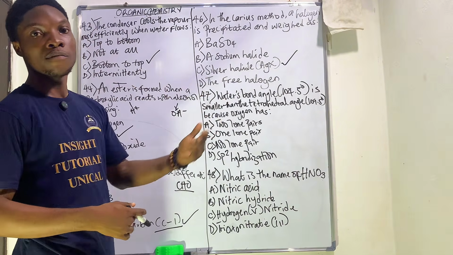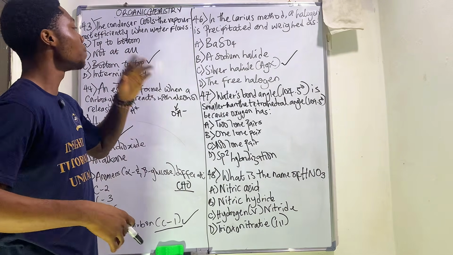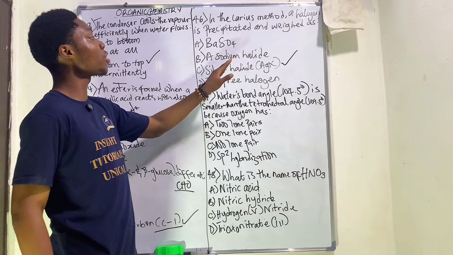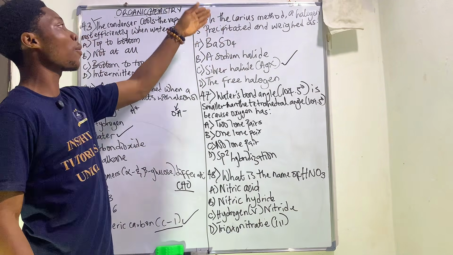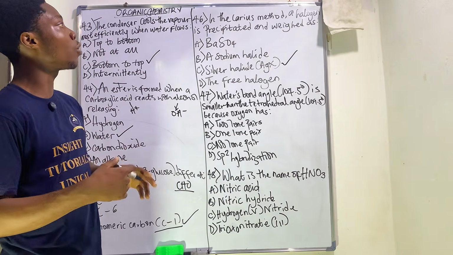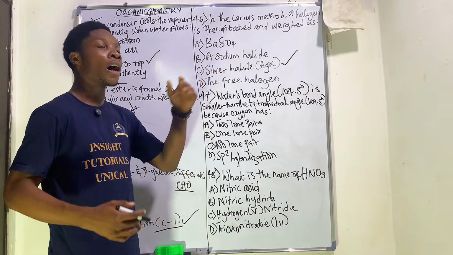It could be chlorine, fluorine, iodine, whatever halogen you're looking at, right? So there's going to be formation of silver halide because silver nitrate is used in the Carius method, and that decomposes the organic compound to form silver halide. All right, so the answer is silver halide.